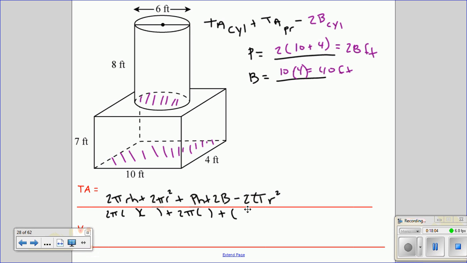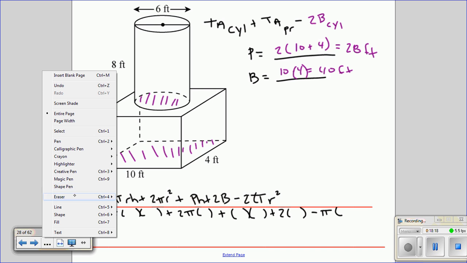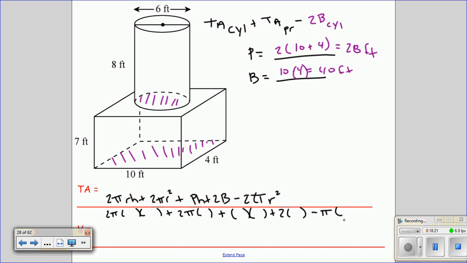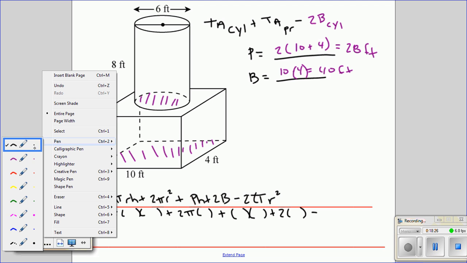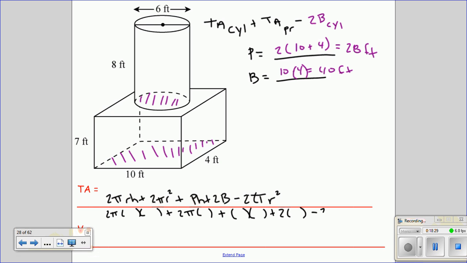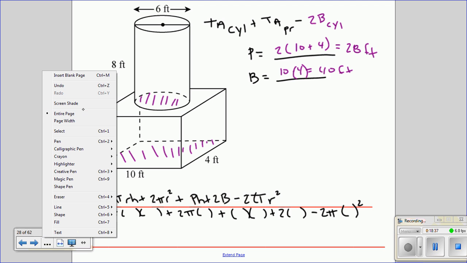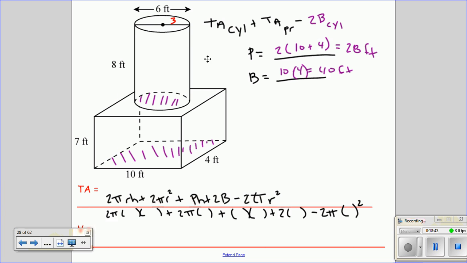So it's P times H plus 2 times B, then minus 2 times pi radius squared. Okay, so the radius of my cylinder is going to be 3.